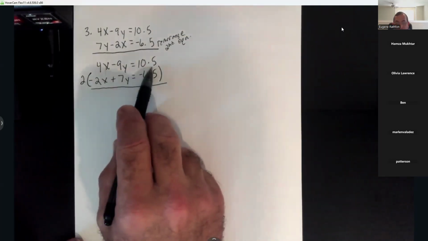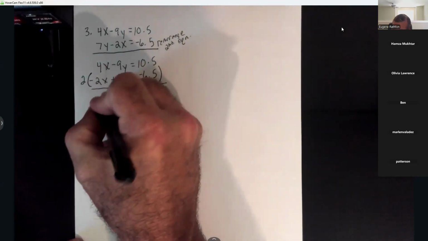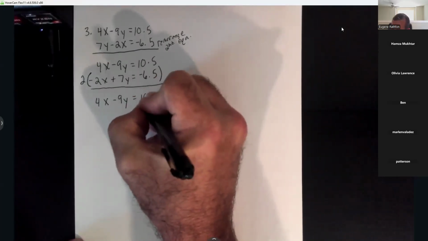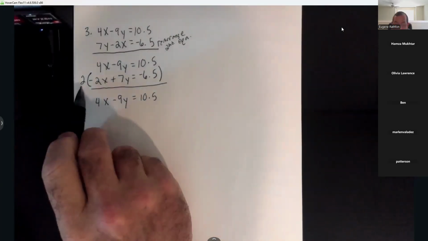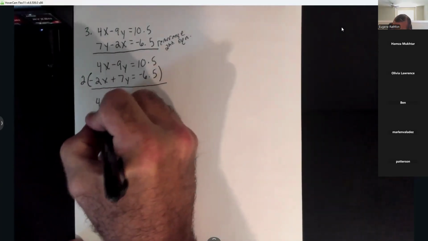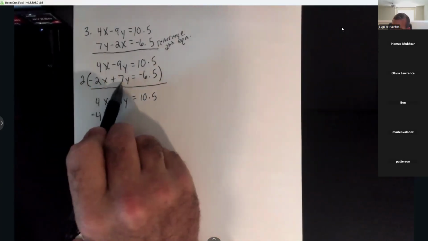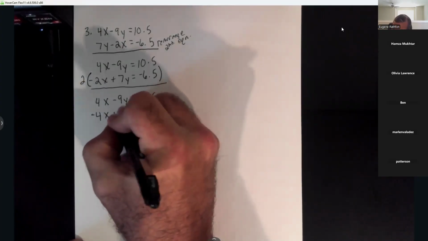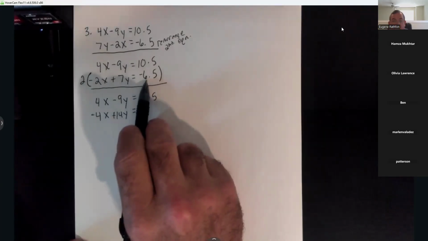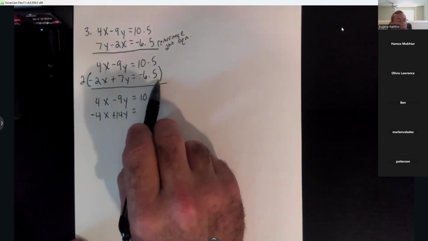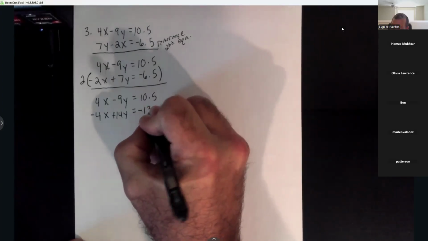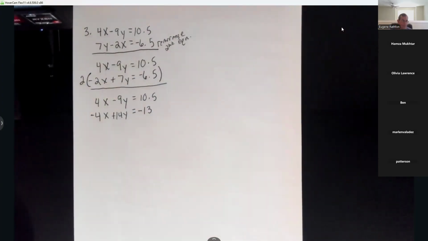So I'm not changing the first equation. I'm going to leave that 4x minus 9y equals 10.5. My second equation will become a negative 4x, 2 times 7 gives me a positive 14y, and then 2 times a negative 6.5 gives me a negative 13.